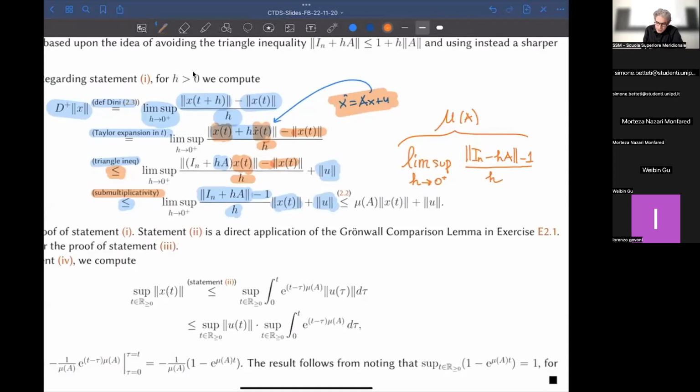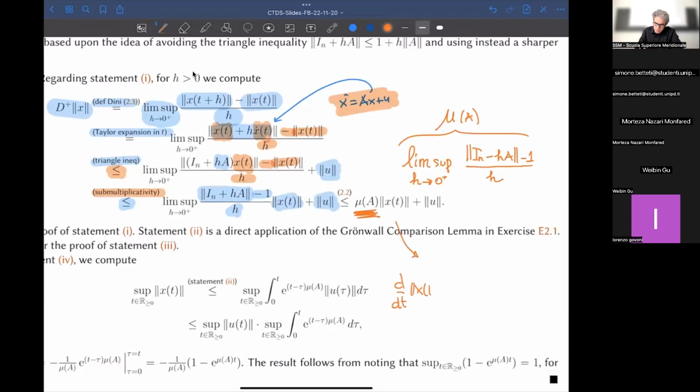So I plug it in, and I have obtained that all of this together is telling me that the derivative, now I'm being sloppy on purpose, the derivative of the norm of x is upper bounded by mu of A times the norm of x, plus the norm of u.